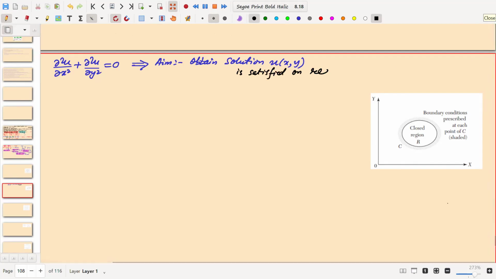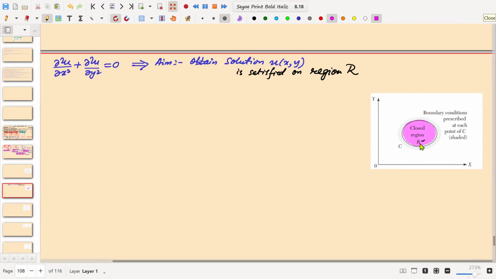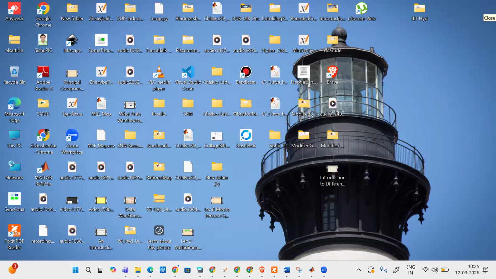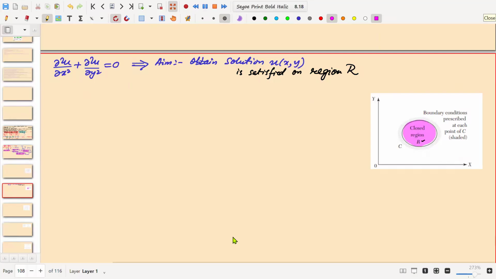This is the closed region, maybe I can draw it. So at each point of this closed region, the solution u(x, y) is satisfied. Understood? Got the idea?